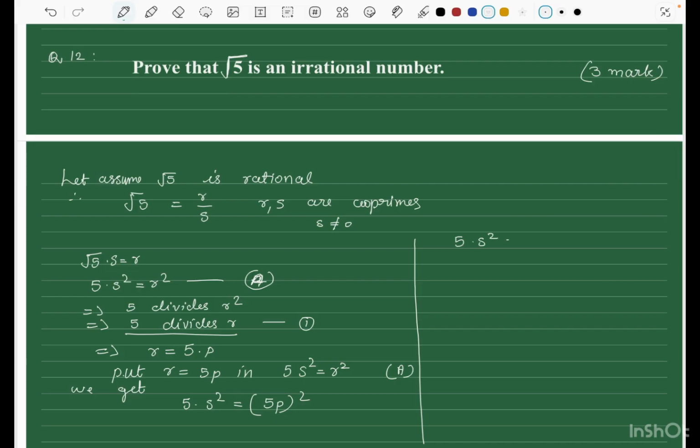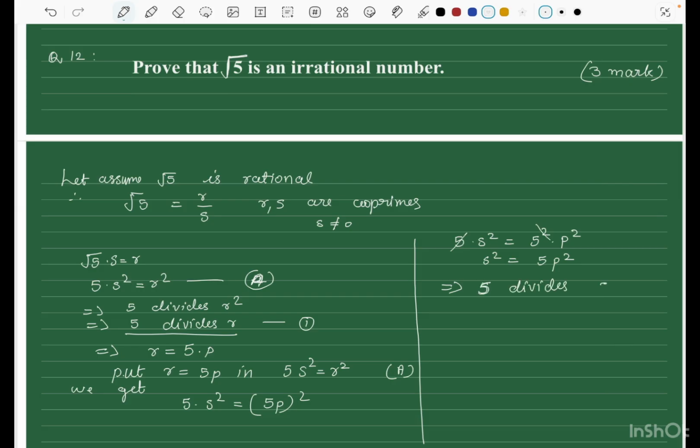So we get 5 into s square is equal to 5 square into p square. Cancelling 5's, we get s square equal to 5 into p square.